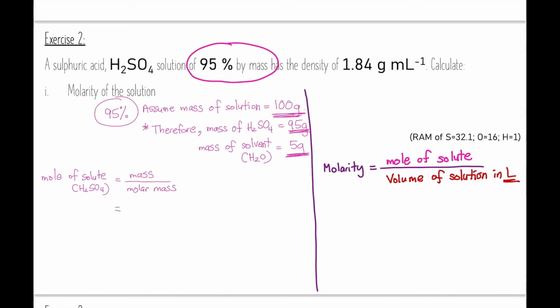The mass is 95 grams divided by the molar mass of sulfuric acid, which is 2 times 1 plus 32.1 for the sulfur plus 4 times 16 for the oxygen. Therefore, we will find out that the mole of solute is 0.9684 mole.